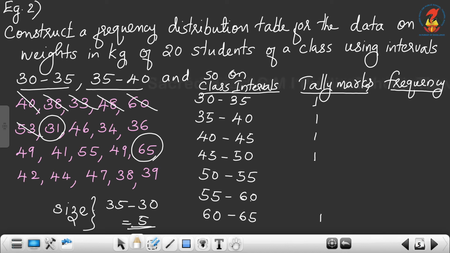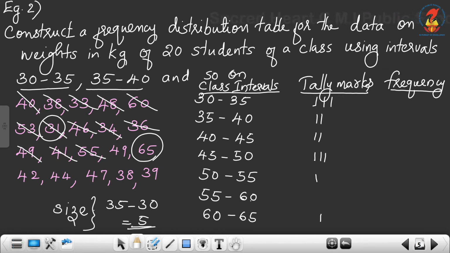Then 53, 31, 46, 34, 36, 49, 41, 55. So where do we have to mark 55?